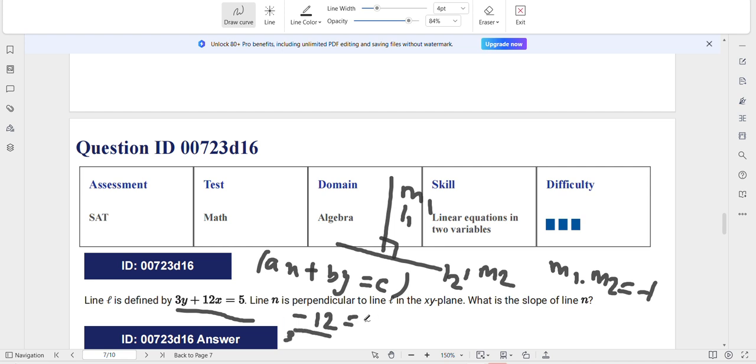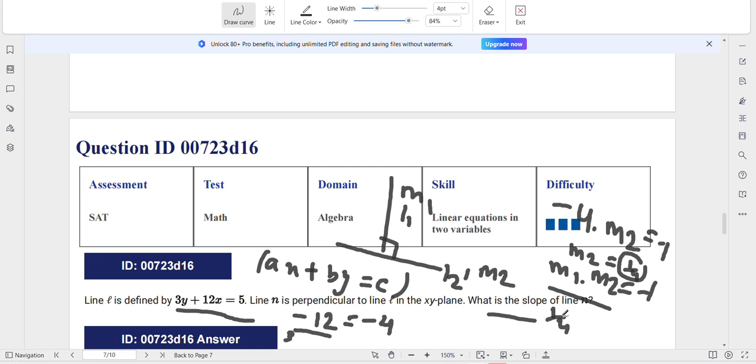So the slope is minus 4. Now let us use this relation. By using this relation, we get minus 4 times m2 equals minus 1. So m2 becomes 1 by 4. So the slope of the new line n is 1 by 4.